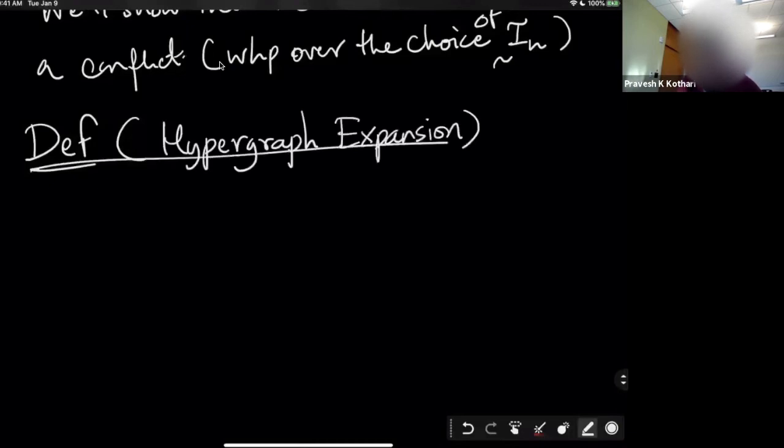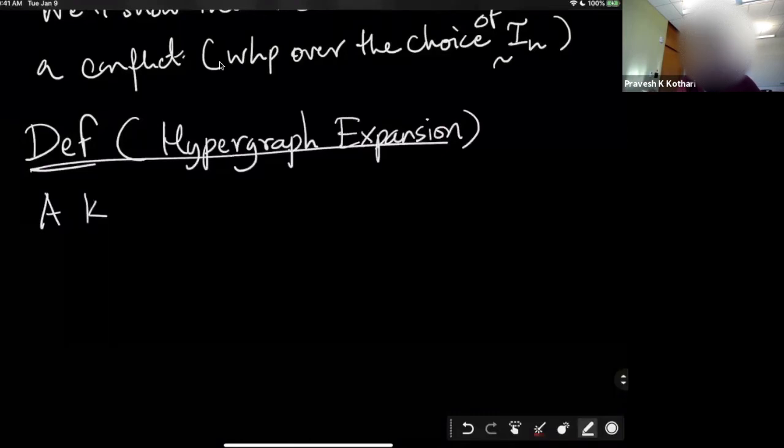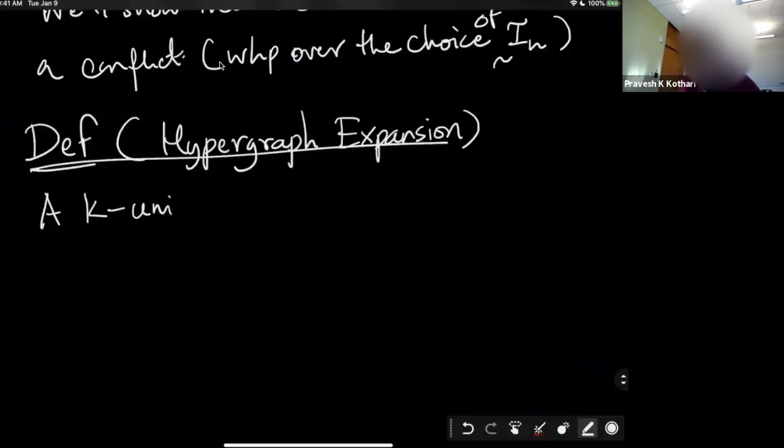Here is what it means. This may appear to have nothing to do with our instance so far. We'll relate it very soon. Let me make this definition and then relate it to our instance. So a K-uniform hypergraph, remember what that means? It's just a collection of sets of size K over the vertex set 1 through n.